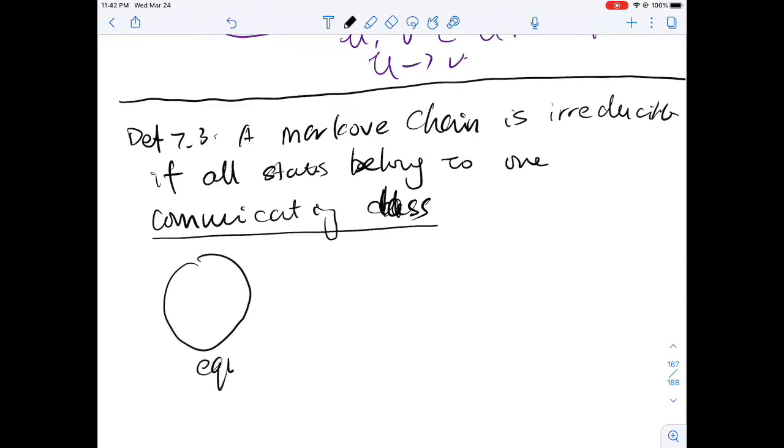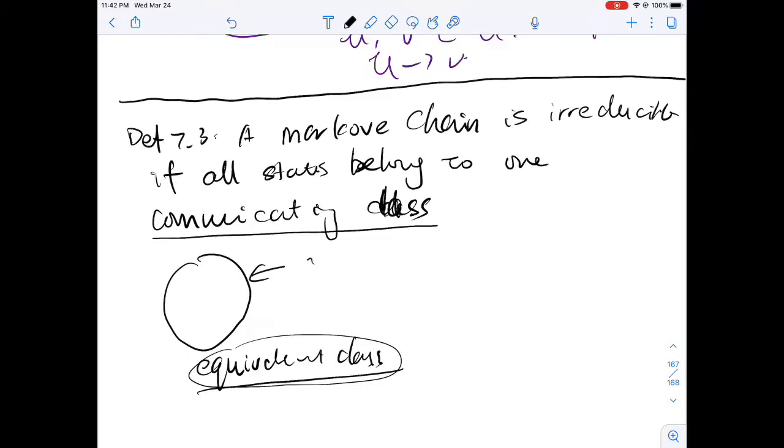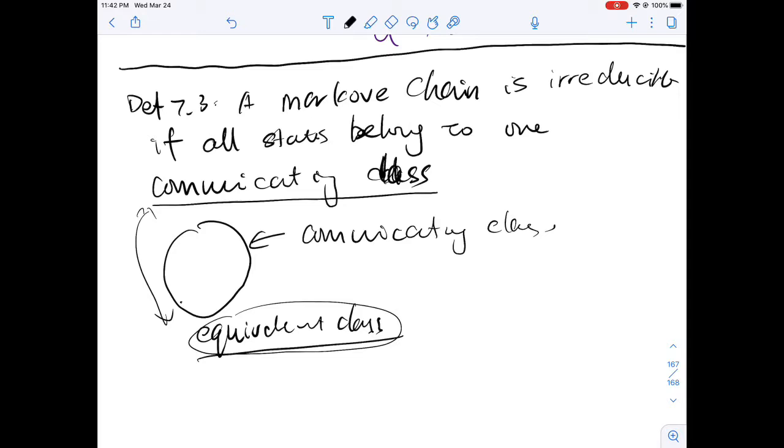An equivalence class is a definition in logic, and when we say there's an equivalence class of a subset of nodes in the Markov chain, we call this equivalence class the communicating class. These are really the same thing. So this definition says what irreducible is.